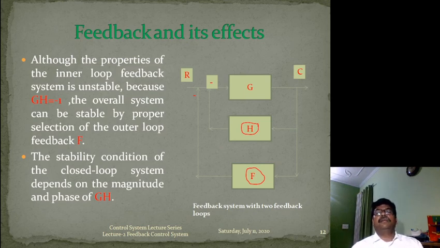So it is very important to select the outer loop feedback gain. You can even see the selection of the inner loop gain. If the inner loop gain is not selected properly, then the system becomes unstable, right? So stability depends upon the magnitude and phase of GH.